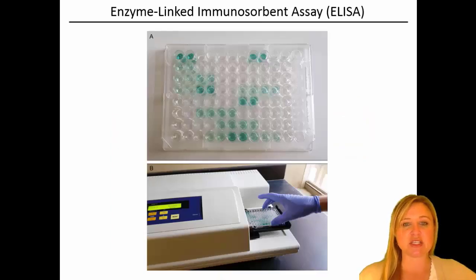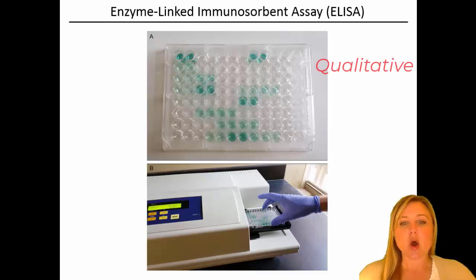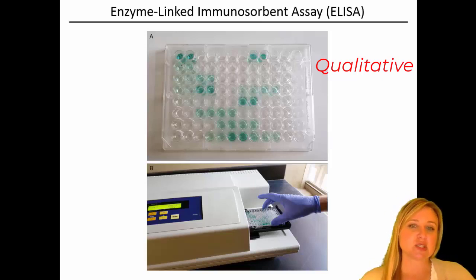And so here's an actual ELISA plate that shows the color. And you can see that there are various degrees of color that's formed. There's some lighter green, there's some darker green, there are some that are very light, and there are some that are completely clear. Now that is a qualitative assay at the top where we can just see whether it's yes or no. Is there color or is there not color? But we can use a spectrophotometer, which is the machine at the bottom, to figure out exactly the degree of color, the intensity of the color that's found in that well.